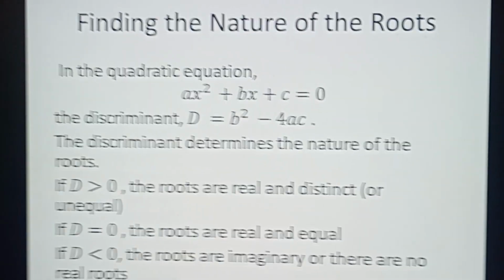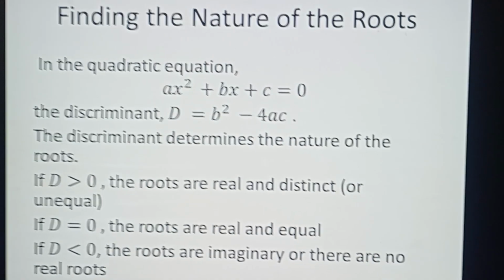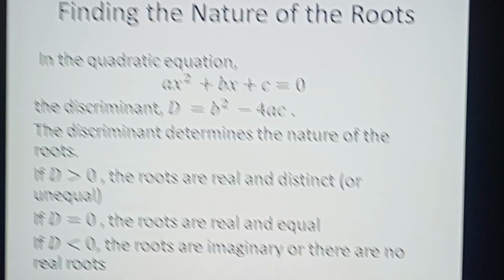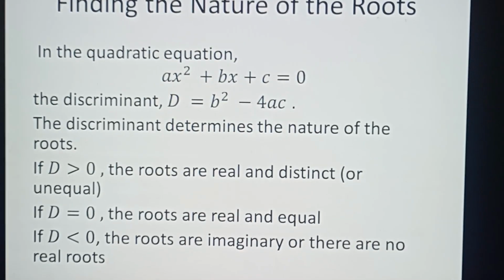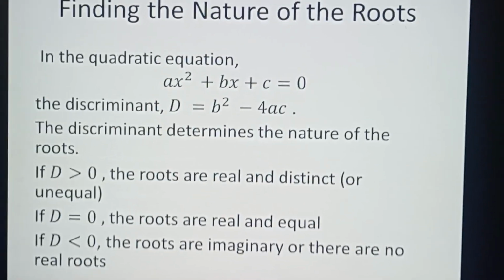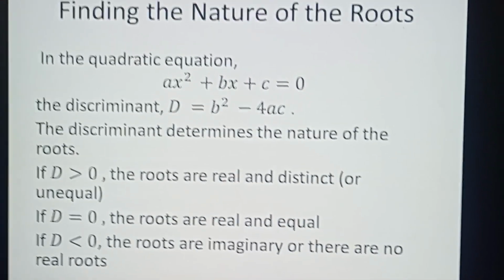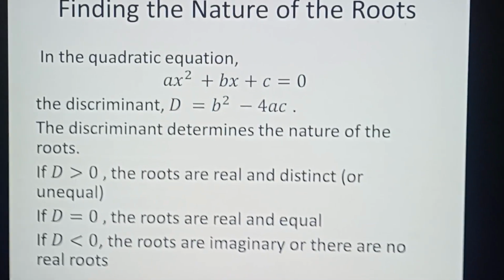Now, how to find the nature of the roots of a quadratic equation? In the quadratic equation ax² + bx + c = 0, the discriminant D = b² − 4ac. The discriminant determines the nature of the roots.